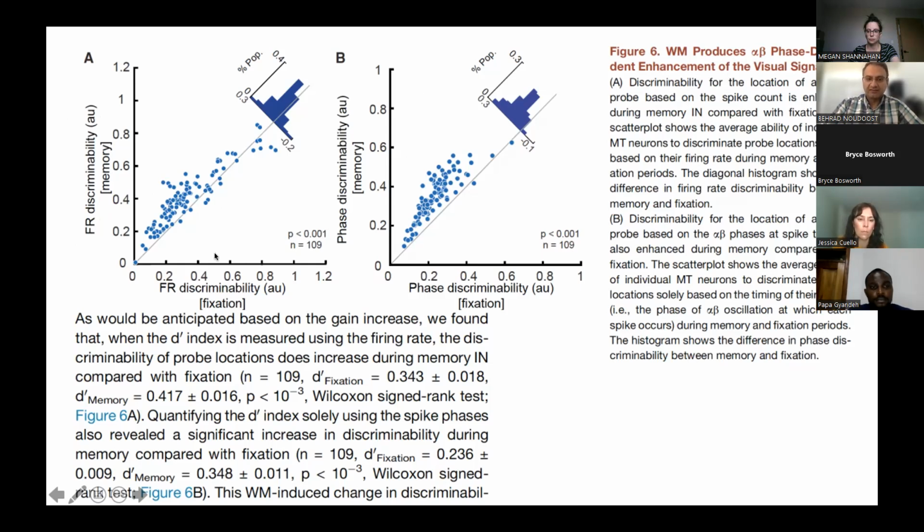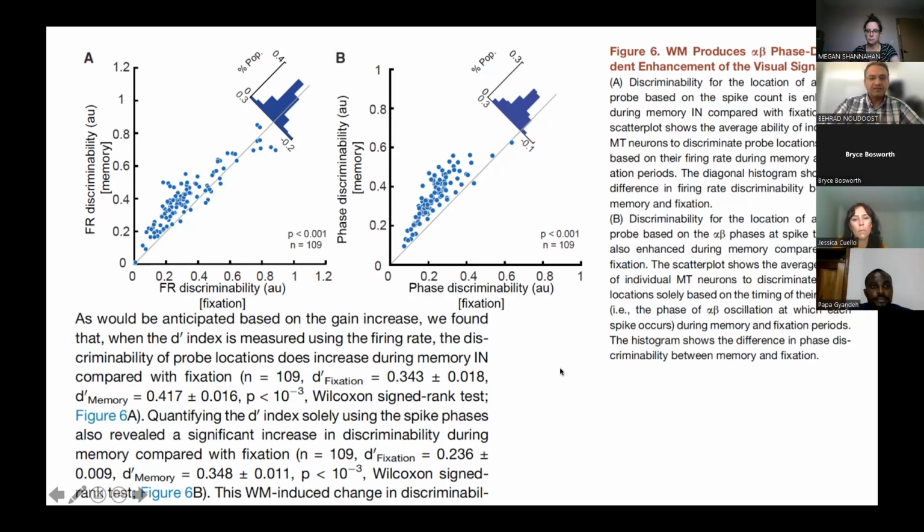So that is describing the figure. The scatter plot shows the average ability of individual neurons, which are these points, to discriminate probes. And the diagonal histogram shows the difference between memory versus fixation. So as you see, the caption only describes what the axis labels are, what each data point is, and how the diagonal histogram should be read.